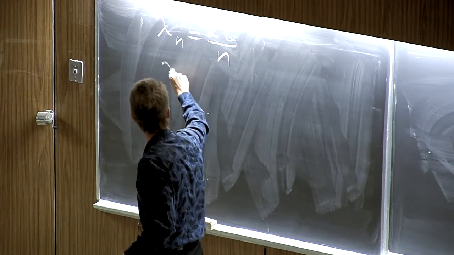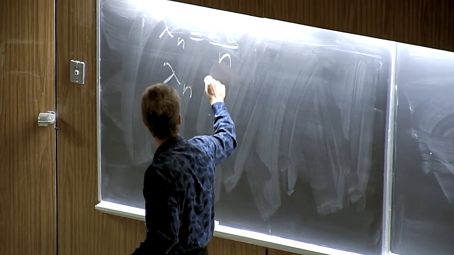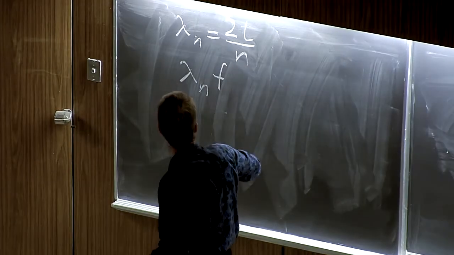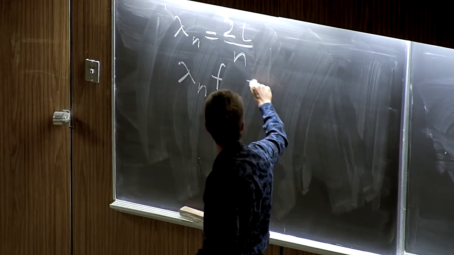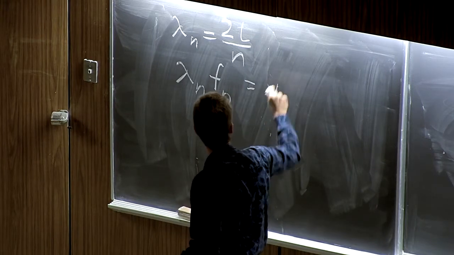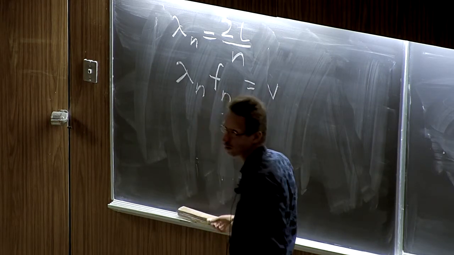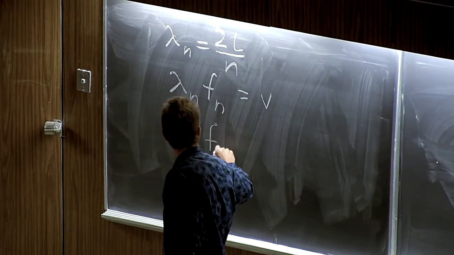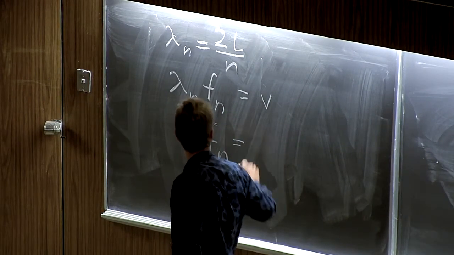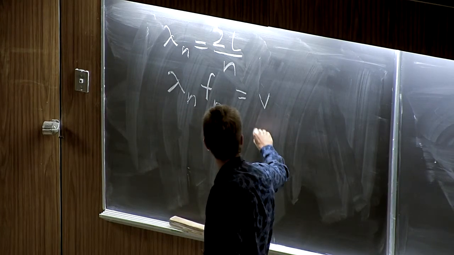And we know that the product of the wavelength of the nth harmonic times the frequency of the nth harmonic must be equal to v, the velocity of the wave. And therefore, we can solve for the frequency of the nth harmonic.